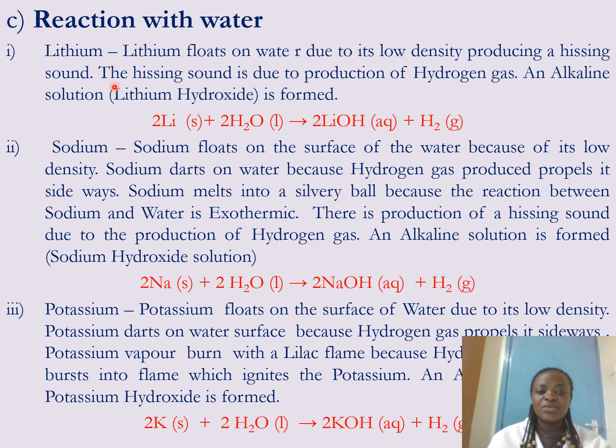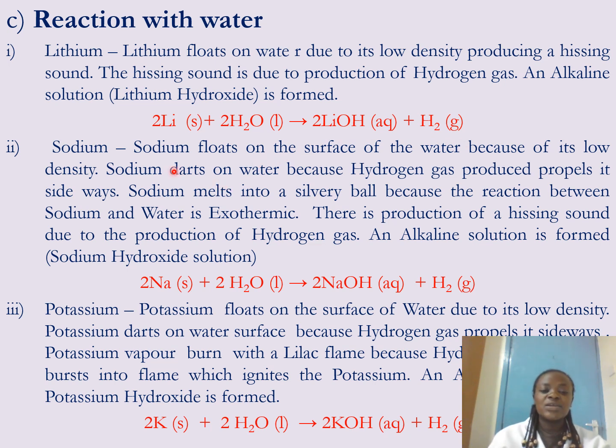An alkaline solution is formed, and this alkaline solution is lithium hydroxide. Down here we have the reaction between lithium and water to give us lithium hydroxide and hydrogen gas. The reaction is as shown, with the correct balancing.